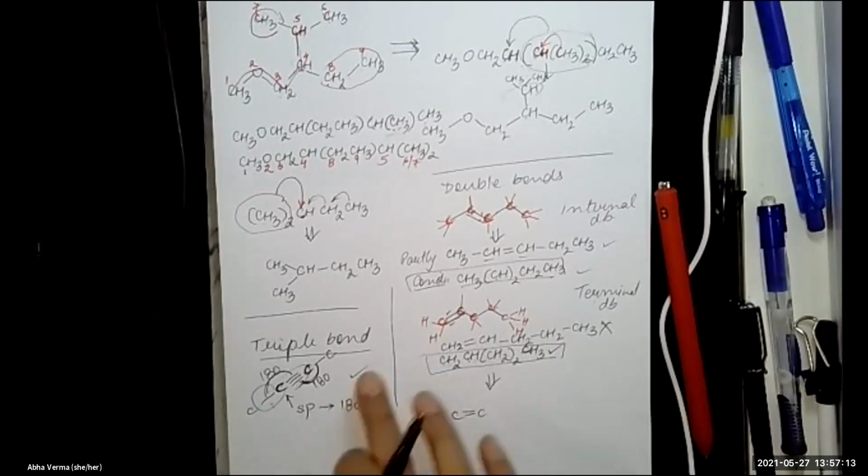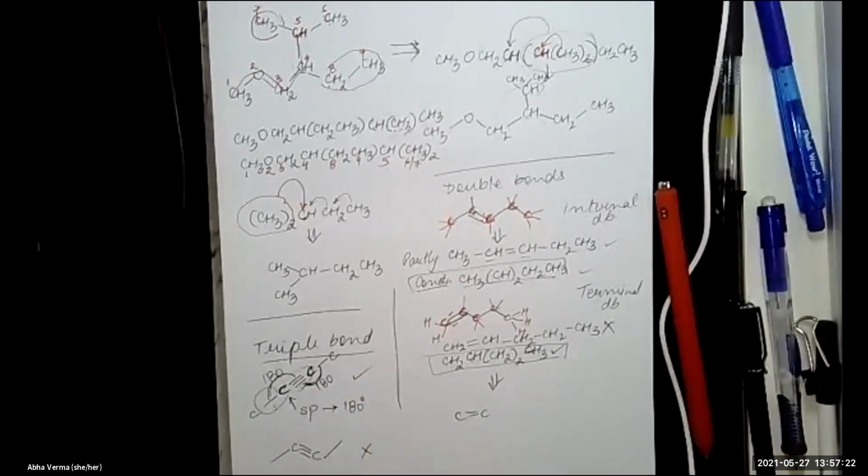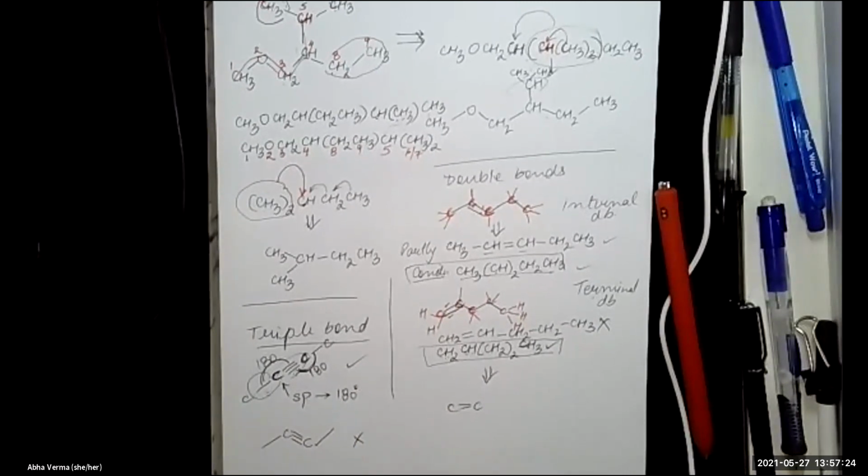So this is the correct form of showing a triple bond, whereas this super strained form is the incorrect way of writing a triple bond. Okay, because that's indicating to me that you don't know that this is an sp hybridized structure.